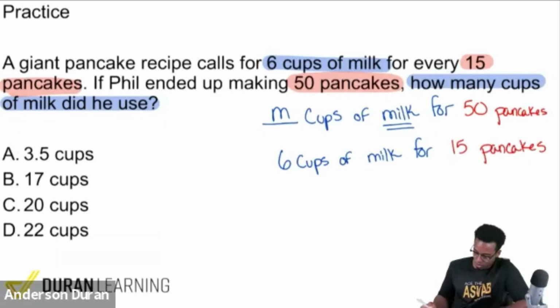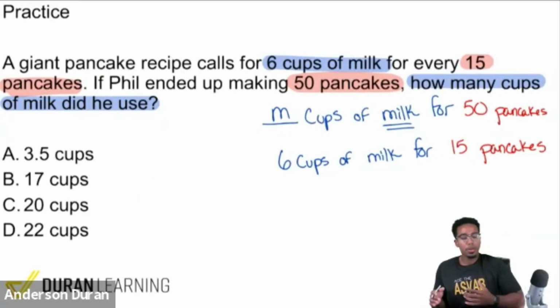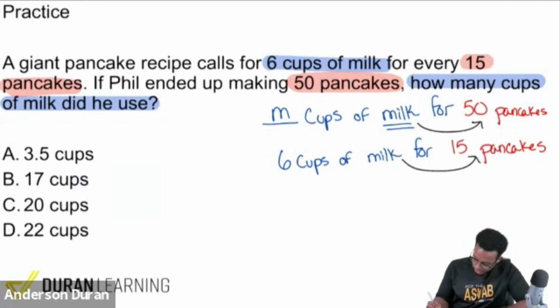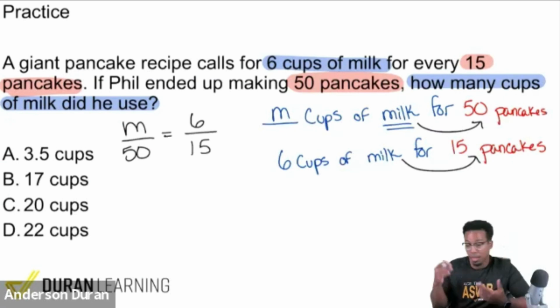All right, cool. And so when I set this up, everybody, there's again 4 or 5 different ways you can set this up. It's fine. Here's one way to set it up. If you would have compared milk to pancakes, you would have gotten M over 50 equals 6 over 15. That's one way to set it up.